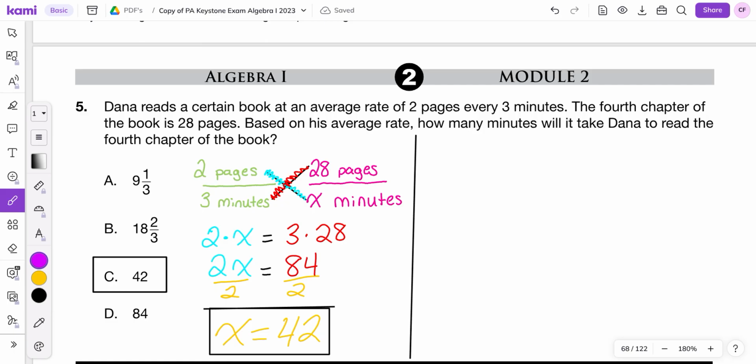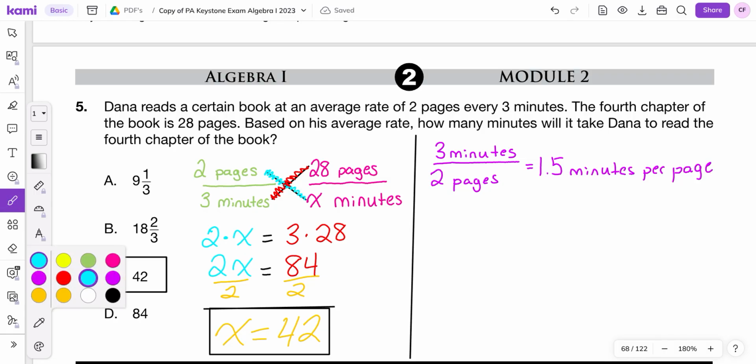We know that it took Dana 3 minutes to read over 2 pages, which is the same thing as 1.5 minutes per page.